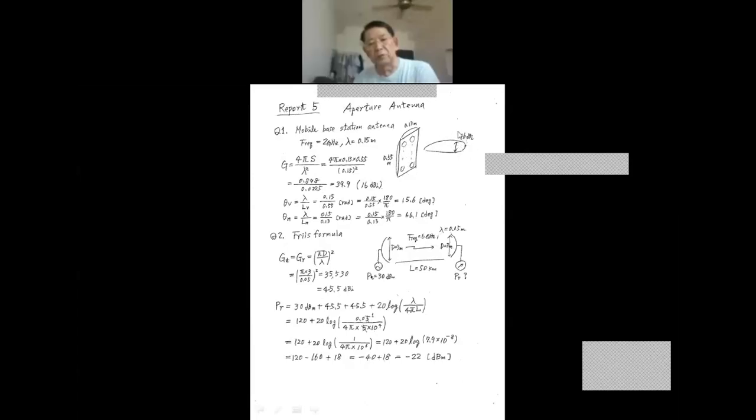So this is called a pencil beam, only one directional beam. So the total antenna gain is 16 dBi. And in this case, the beam width in the vertical and the horizontal is the same.